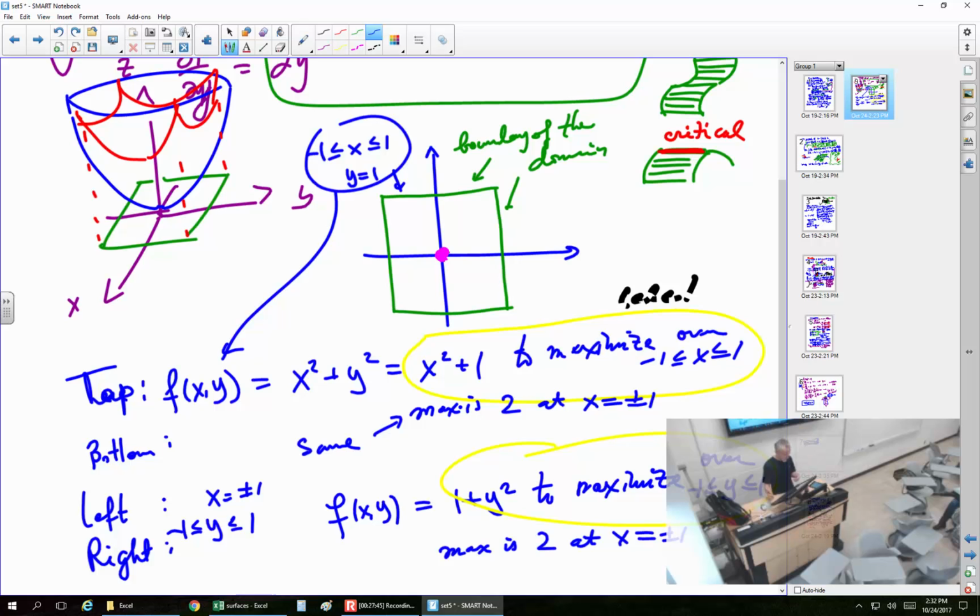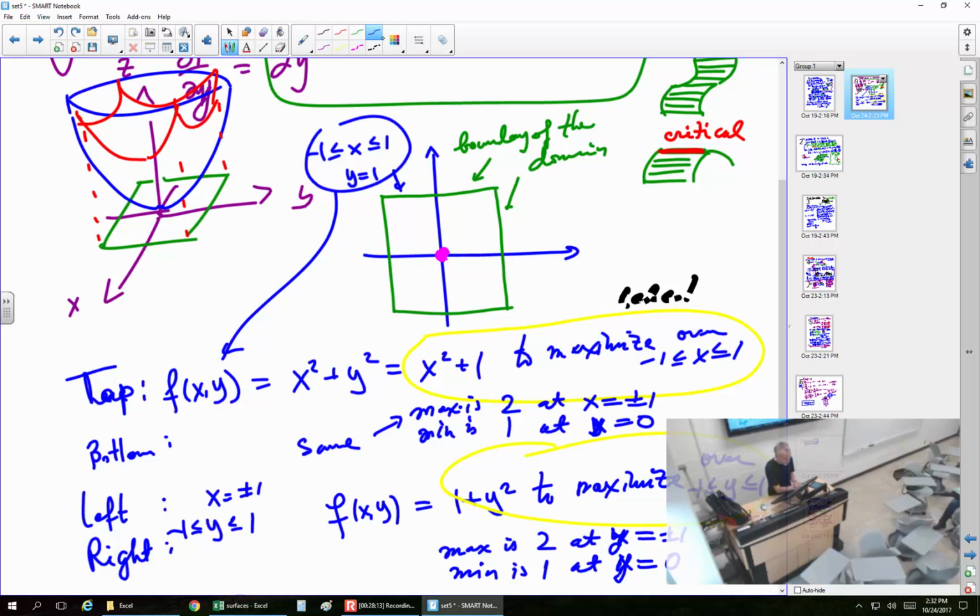But I forgot the minimum, we have to take that into account too. So what's the minimum of 1 plus y squared? It is 1, at y equal 0. Same here: the minimum is 1 at x equal 0.